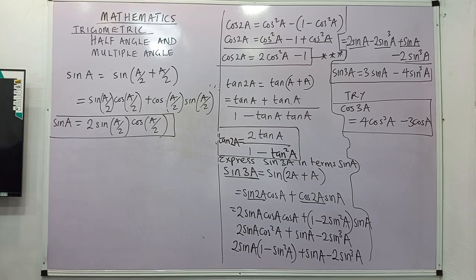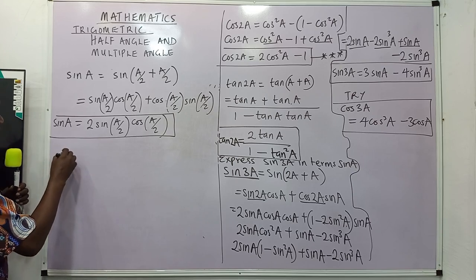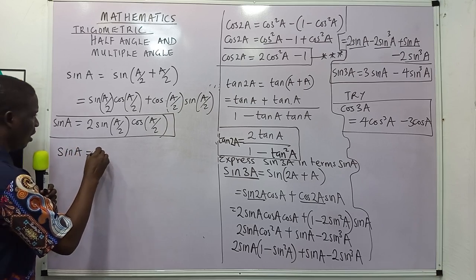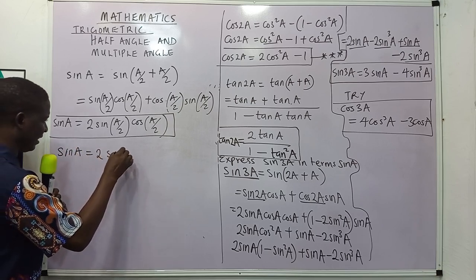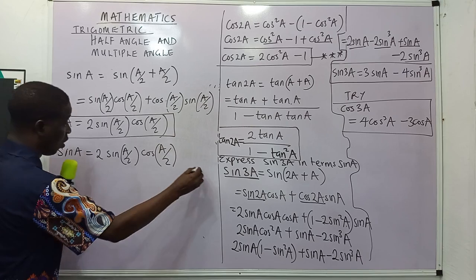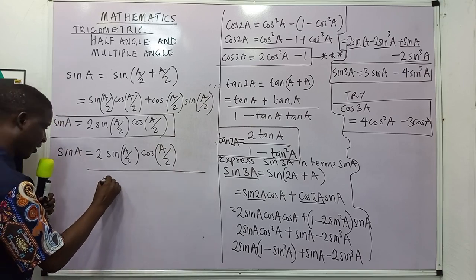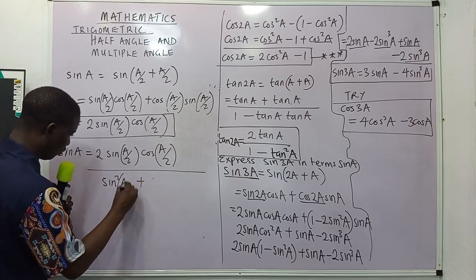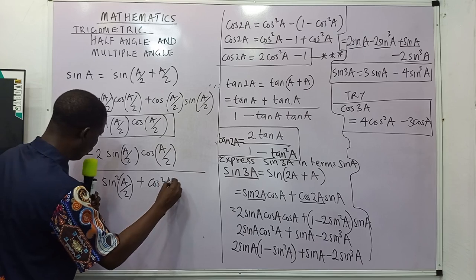Let's treat half angle for tan. Do you know that sine A is equal to 2 sine A over 2 cos A over 2, all divided by sine square A over 2 plus cos square A over 2?